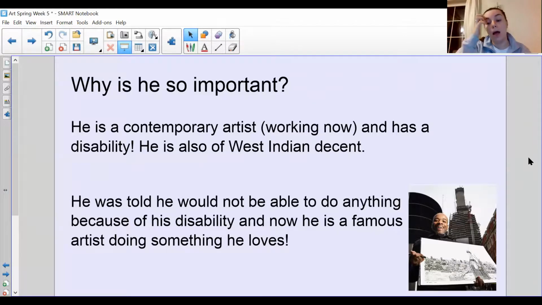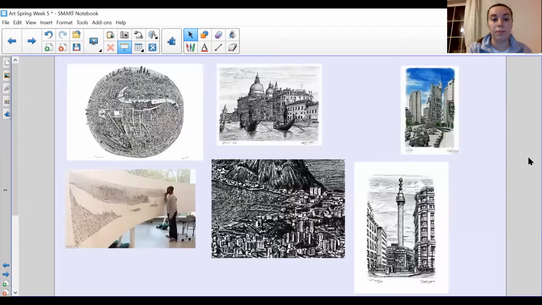It's still a very white thing in Britain to be an artist, and so it's really important that he represents that as well. He was told he wouldn't be able to do anything because of his disability. And now he is a famous artist doing something he loves. So whenever someone tells you, you can't do that, or you don't have the skills to do that, actually you can prove them wrong like he did.